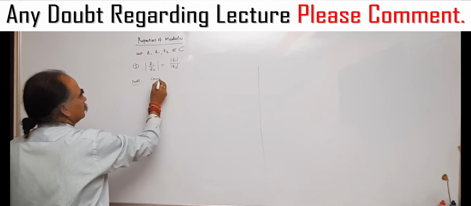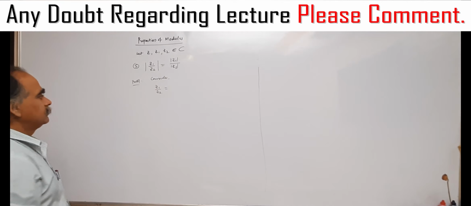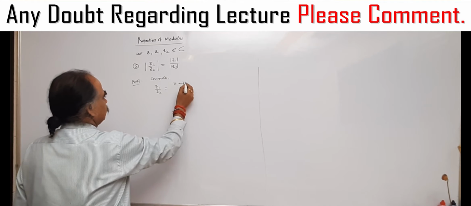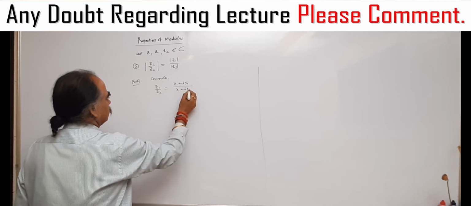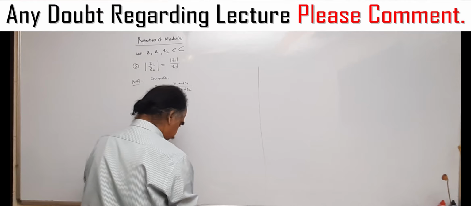Consider z1 upon z2, x1 plus iy1 upon x2 plus iy2. We are dividing two complex numbers.